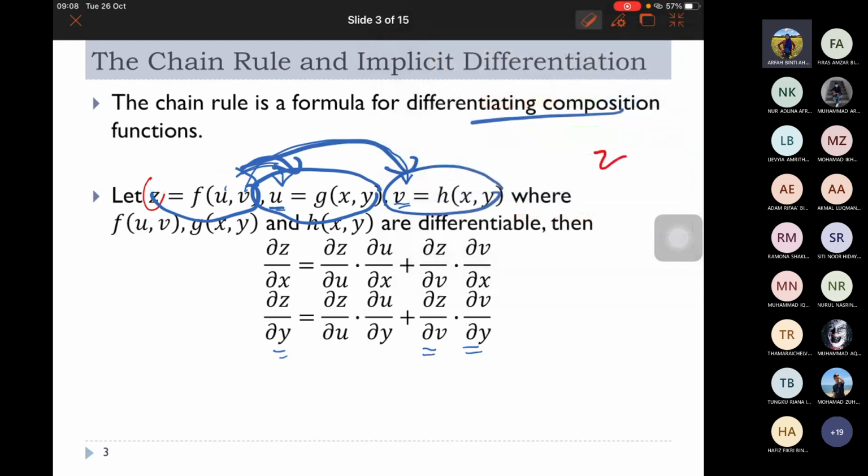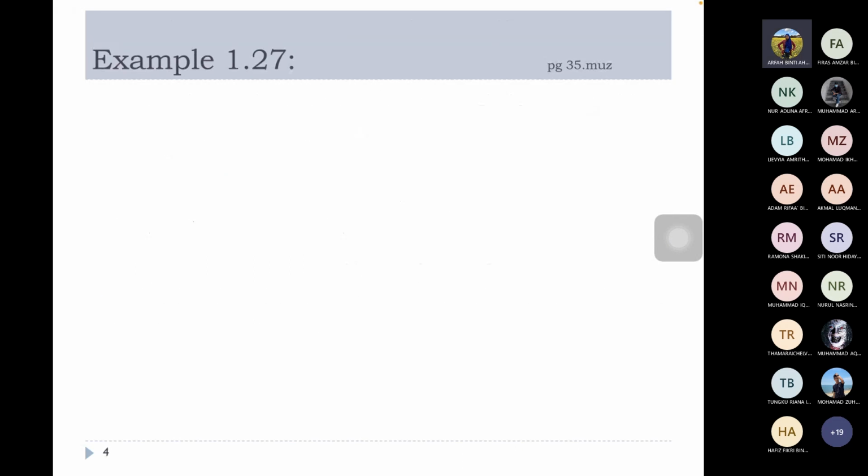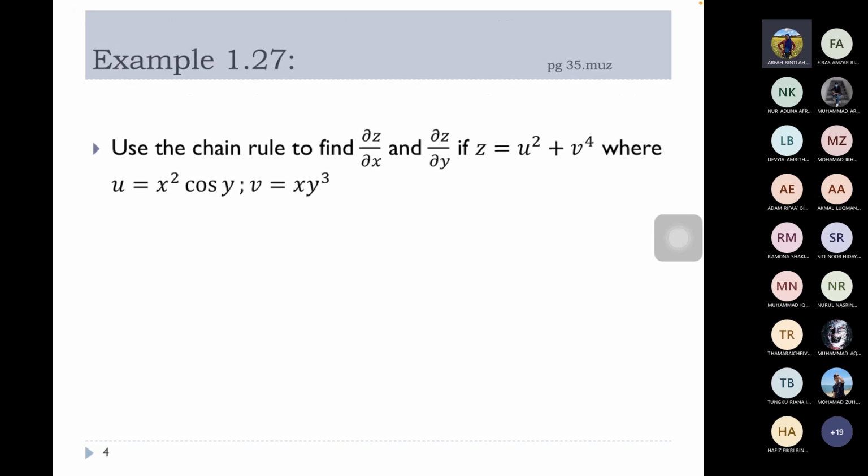So let's take a look at an example to get a clearer picture of how we are going to solve the partial derivative. Example 1.27: use the chain rule to find the partial derivative of z with respect to x and the partial derivative of z with respect to y, if z equals u to the power of 2 plus v to the power of 4.